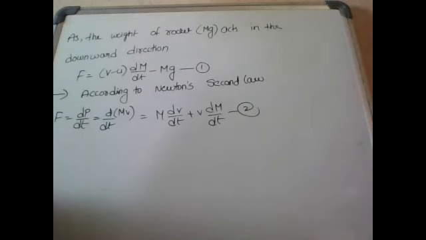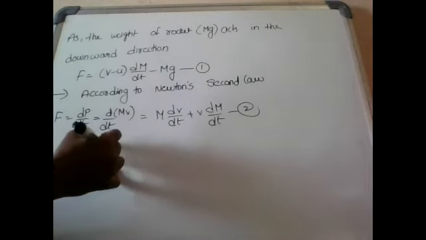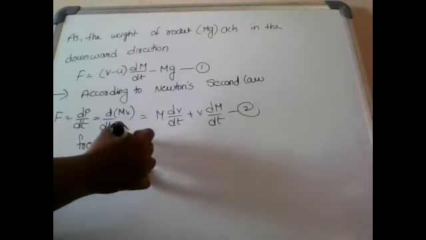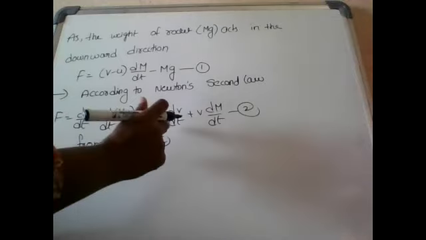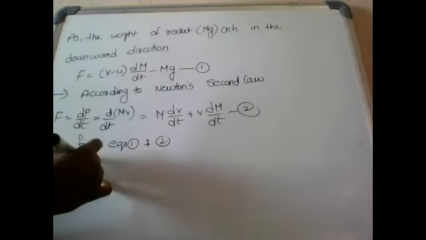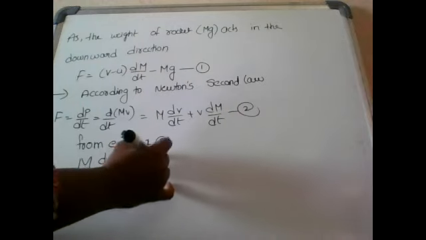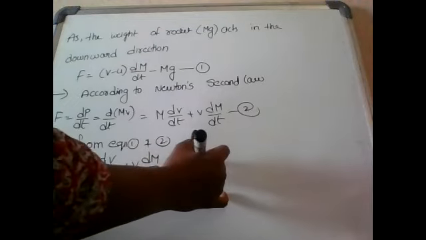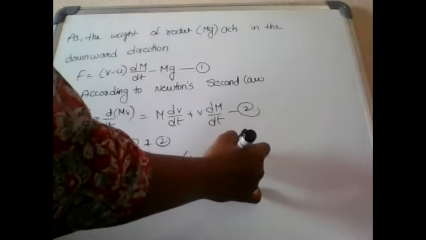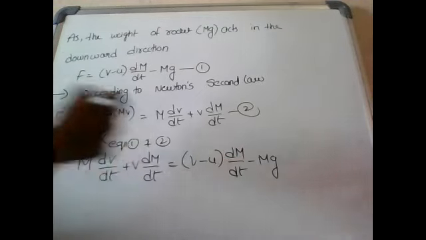From equations 1 and 2, we can write this value equal to this value. That means m into dv by dt plus v into dm by dt equal to v minus u into dm by dt minus m into g.